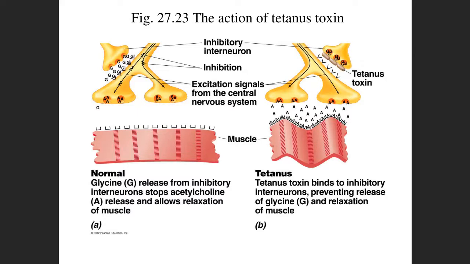And so the glycine gets released at the inhibitory part, except that the tetanus toxin binds to the inhibitory neuron. Okay, so it binds here. So now your muscle never gets relaxed, and it's always contracting, stuck in one particular state.